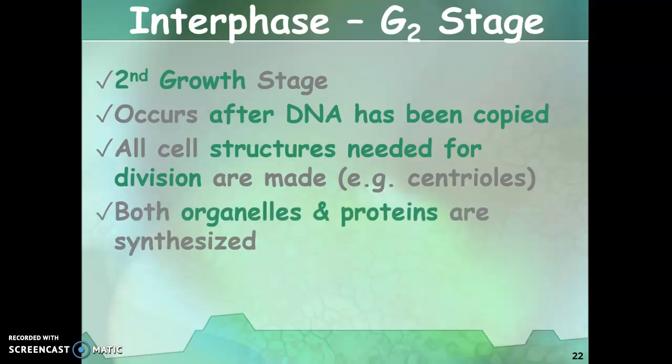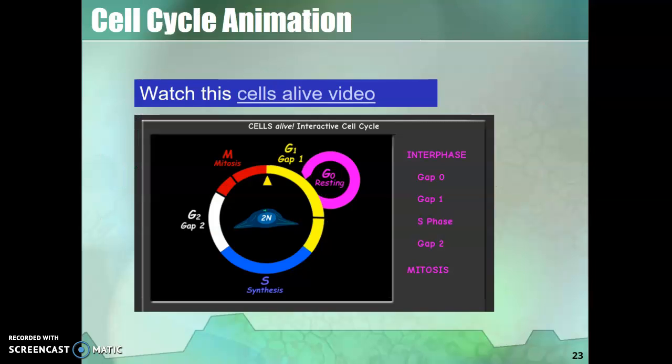And furthermore, more organelles and more proteins are synthesized, because when the cell divides, obviously it needs more mitochondria and more chloroplasts if it's a plant cell, and more endoplasmic reticulum to give a full set to each of the resulting daughter cells. So the daughter cells are then fully functional.